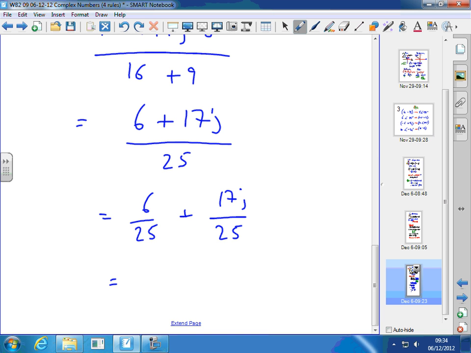So 6 divided by 25 is 0. Divided by 100, which is 0.06 times 4 is 0.24. And same for that, divided by 100 is 0.17, times that by 4, 0.68. And that's the answer. Okay?